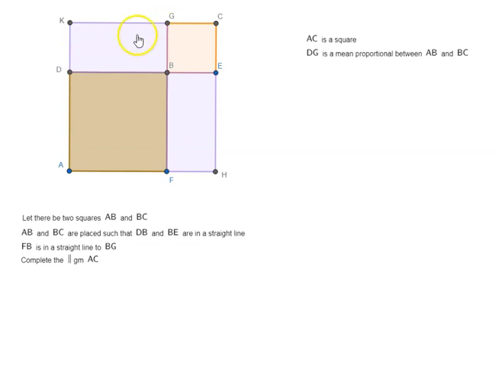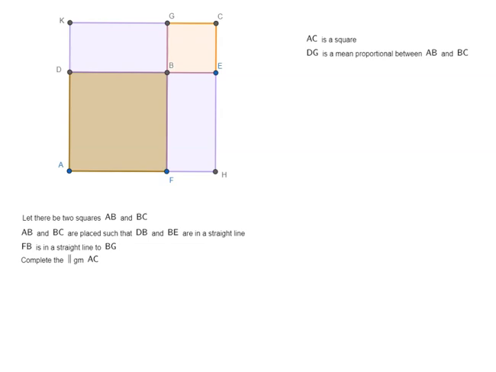BG is this rectangle. So we are talking of the area of this rectangle, which will be some magnitude. Similarly, AB will have an area. BC will have some area. So which means the area of BG is a mean proportional between the area of AB and the area of BC.